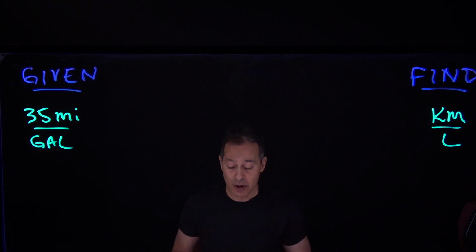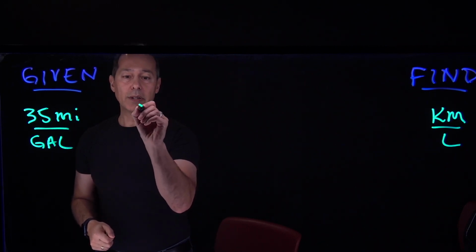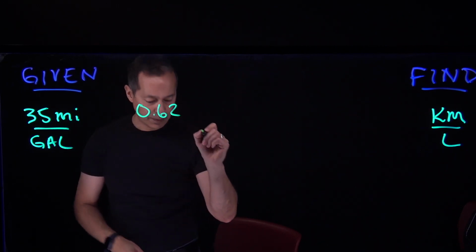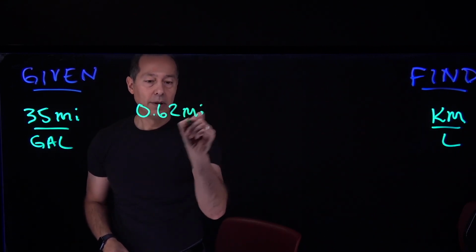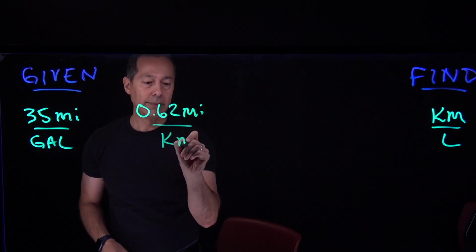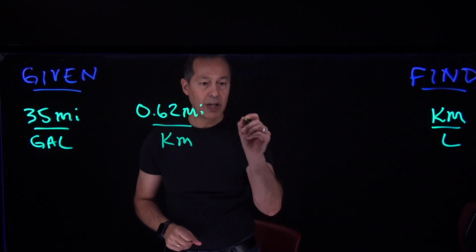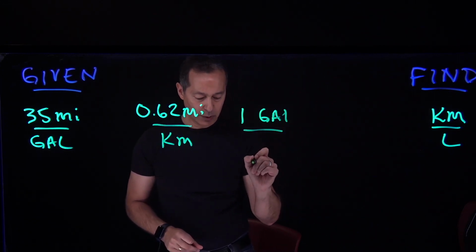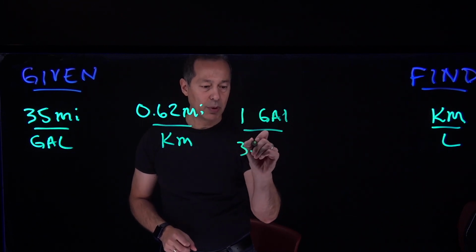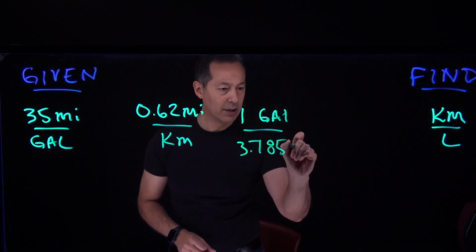So what these conversions look like would be something like this: 0.62 miles per kilometer. That's a conversion. And then for volume, we have 1 gallon is equal to 3.785 liters.